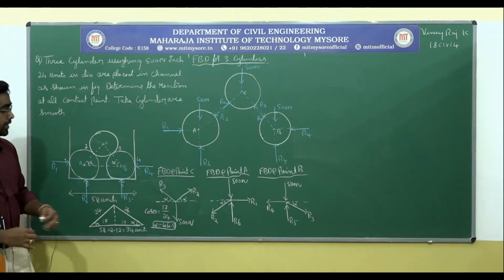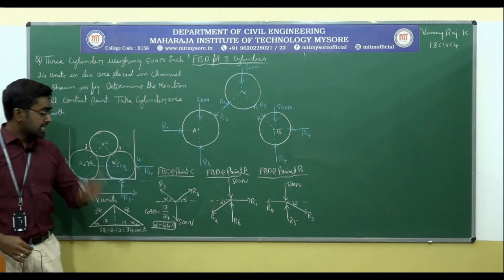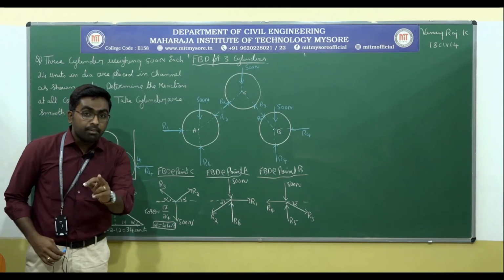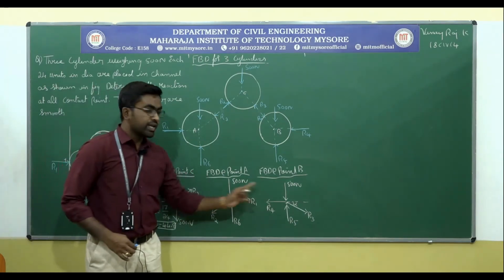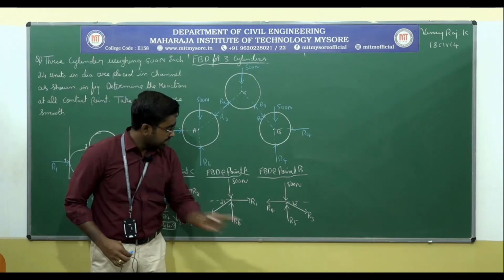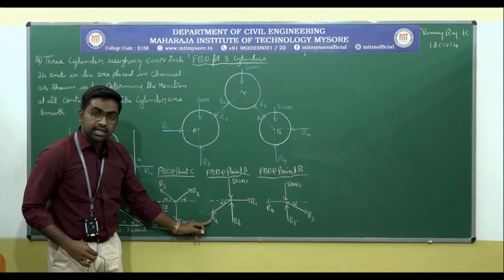So now I need to apply the condition separately for these three free body diagrams, starting with the free body diagram which will be having minimum number of unknowns. So these two free body diagrams are having 3 unknowns or 4 unknowns. I think in this free body diagram there are 3 unknowns. So in this free body diagram there are 3 unknowns.